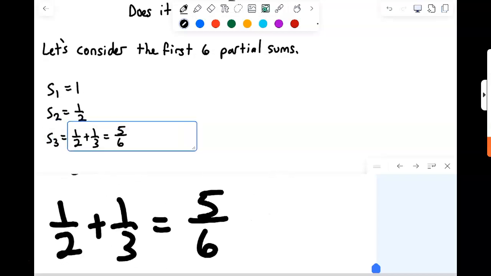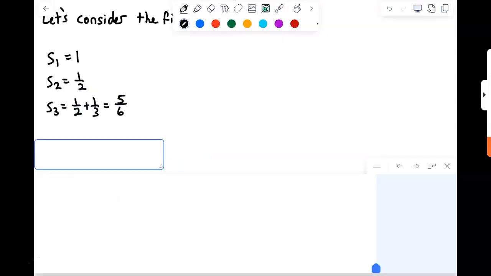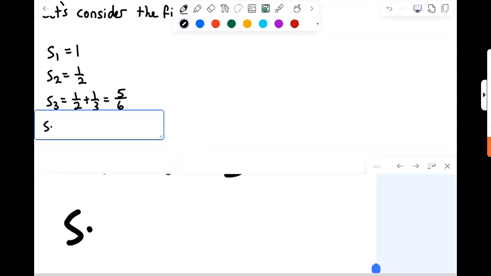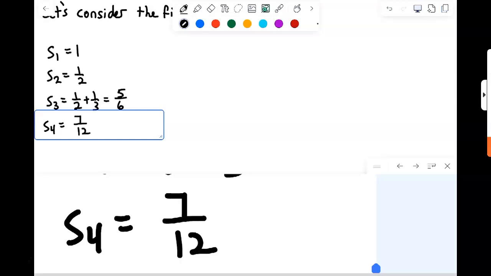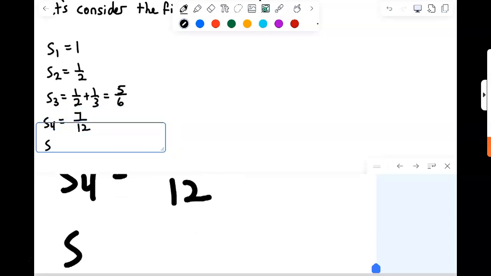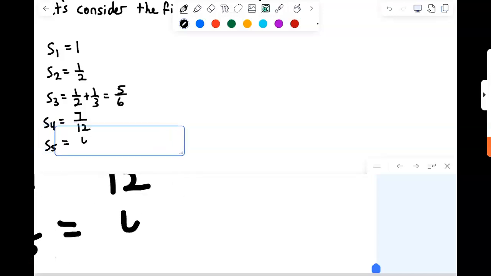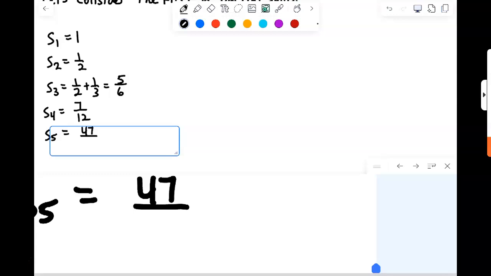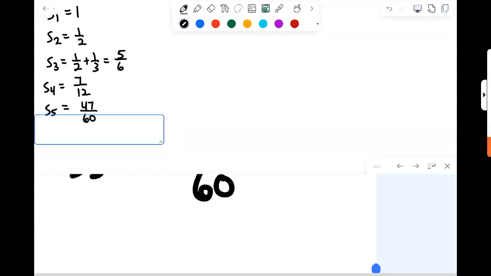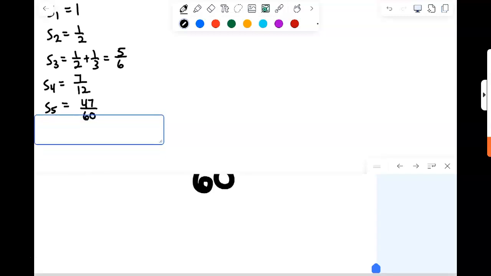S4, we would subtract 1/4 off of 5/6, and you can confirm that that'll be 7 over 12. And then S5, we're going to add on 1/5 to that, and it'll actually get us to 47 over 60. And then subtract off 1/6 from that, and our 6th partial sum is 37 over 60.